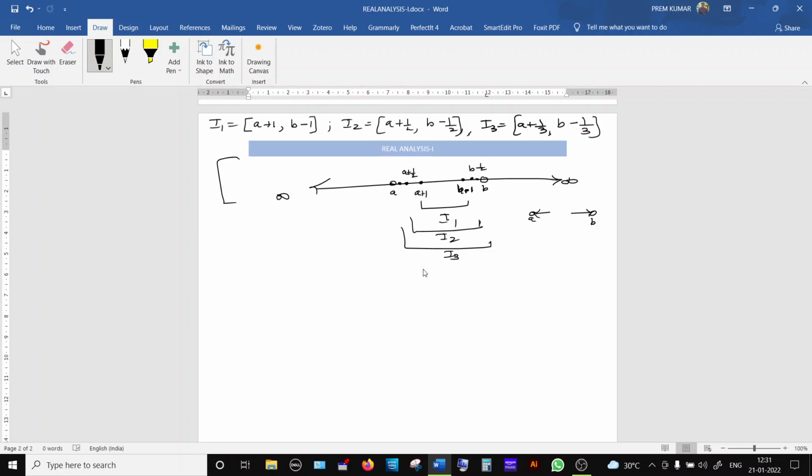So if you take the union of all these, we get nothing but the interval without a and b, and that is nothing but the open interval (a, b).